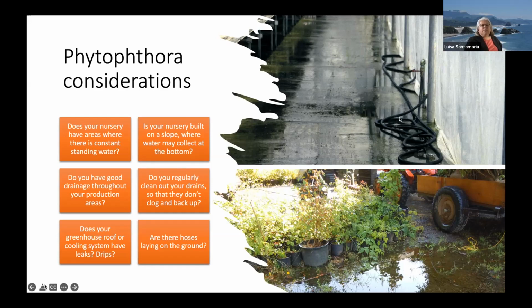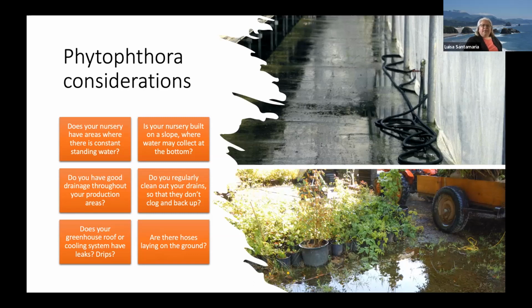What can we do? Do you have good drainage throughout your production areas? Do you check for drains or areas that could be clogged without you noticing, producing standing water again? We don't want that.